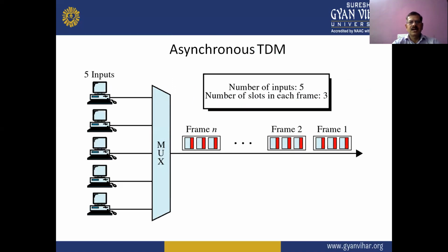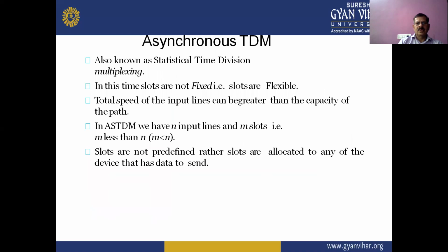Next one is asynchronous TDM, ATDM. There are different numbers of inputs, that is 5, and the number of slots in each frame is 3. So this shows the asynchronous TDM system.